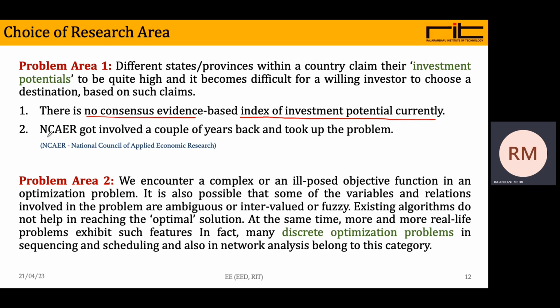Then the National Council of Applied Economic Research got involved a couple of years back and took up the problem, and they have started ranking the states based on investment potential.